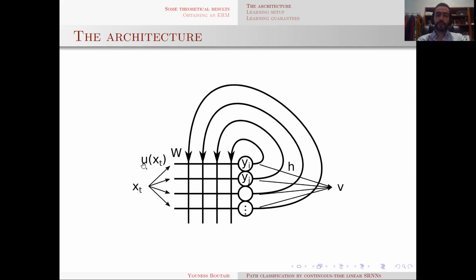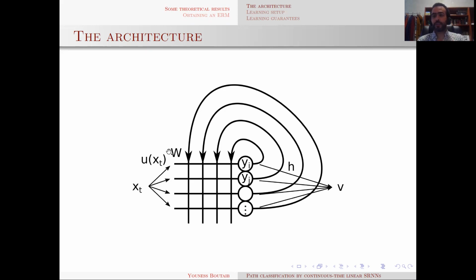So we use a pre-processing map u so that we get a new series that lives in an appropriate space. This pre-processing map u is linear and is one of the parameters that we will try to optimize in this architecture.